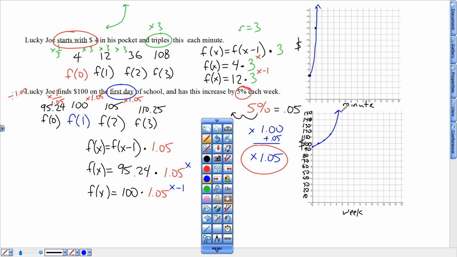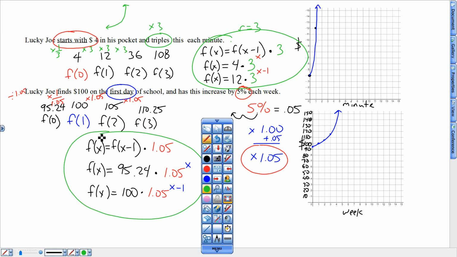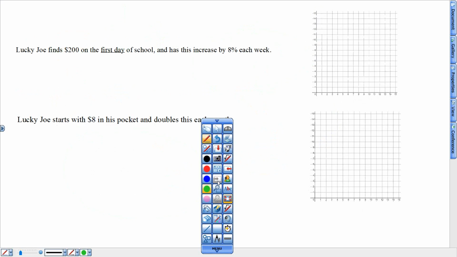All right, what I'm going to have you do is do the same thing. Look and see if it's the starting with zero term or if it's the first day, first term, knowing that these are geometric, always timesing. I'm going to have you do that on your own for this set right here, where I'm giving you 200.